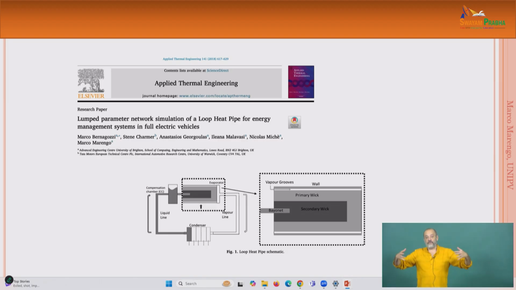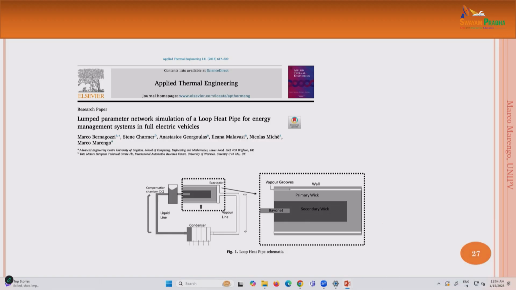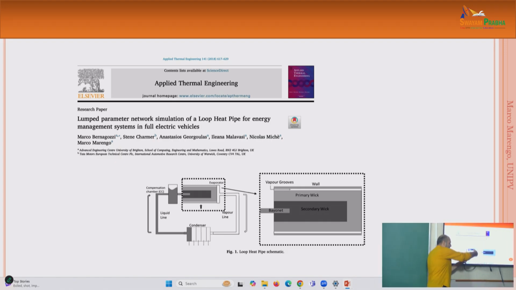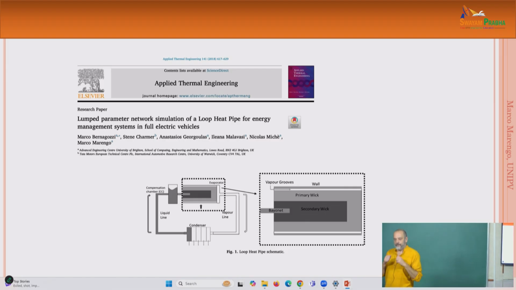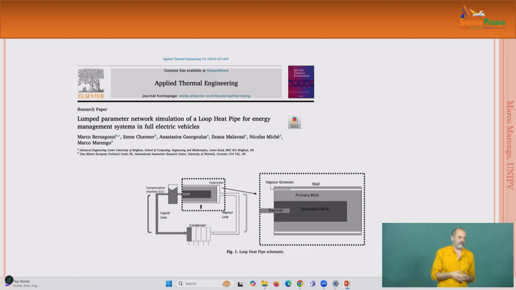But if we would like to have something bigger, at the end here we have a two-phase system, because we have a liquid, but then the vapor is going inside, so it's creating an extra pressure, and slowly, we need to be sure that here we have completely condensed everything, which is not obvious at all for the different conditions of usage. But then, if you have completely done this, we have an extra pressure here that is bringing back the liquid. Well, we need to be sure that the mass flow rate of the liquid is enough for the power. So this is the reason why we have the compensation chamber.